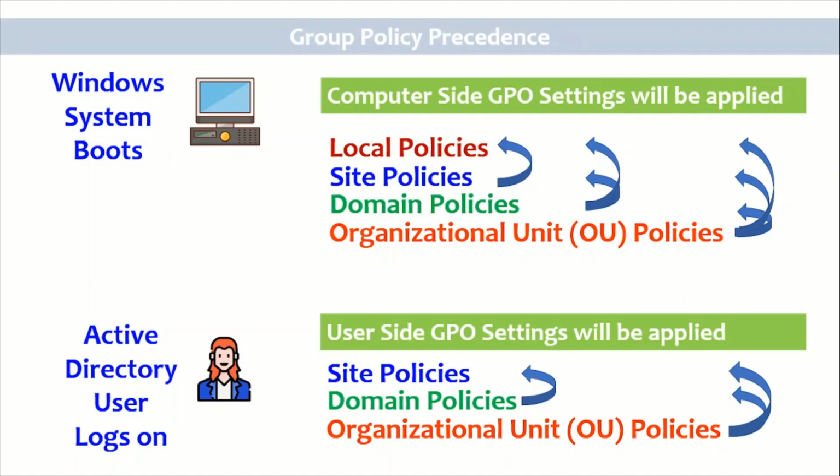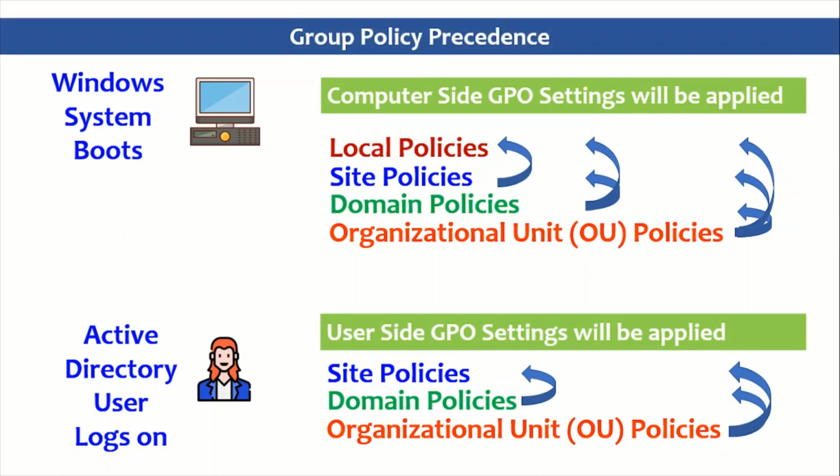Now let us understand group policy precedence with the same example. The organizational unit policies have the highest precedence, or the policies which get applied at the end will have a higher precedence. So OU level policies will override all the other policies in the situation of conflict.